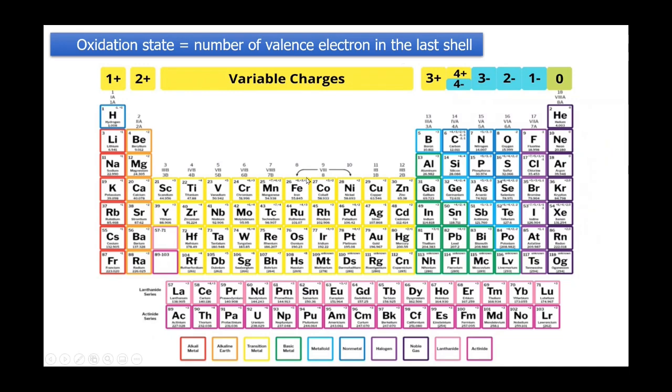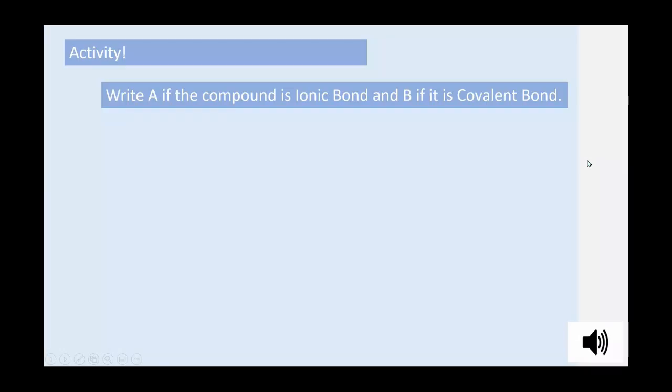Okay. And for our transition metals, it will be different as they have a lot of oxidation states. Okay? Why a lot? Because some of these are made in the laboratories. Some are found in our environment. So that is why they have a lot of oxidation states.